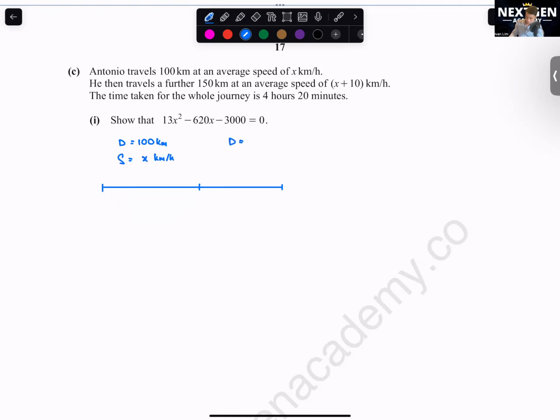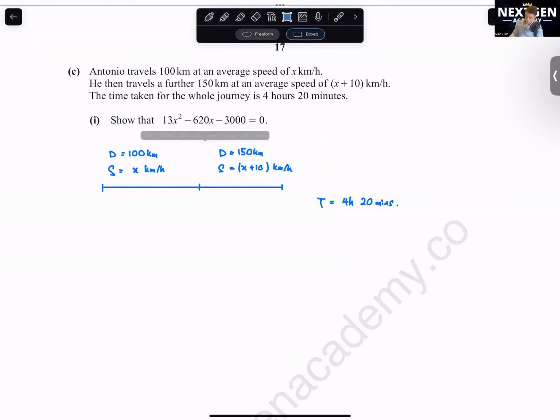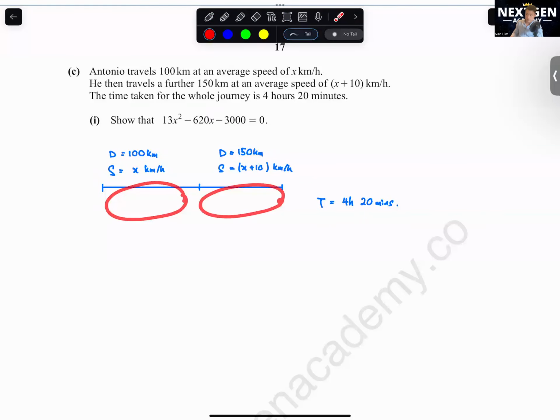The second part, 150 km, speed is x plus 10 kilometers per hour. They say the whole journey will take 4 hours and 20 minutes. So we need to try to make sense of this equation. What we can do is find the time here and the time here. What is the formula? We use our triangle.